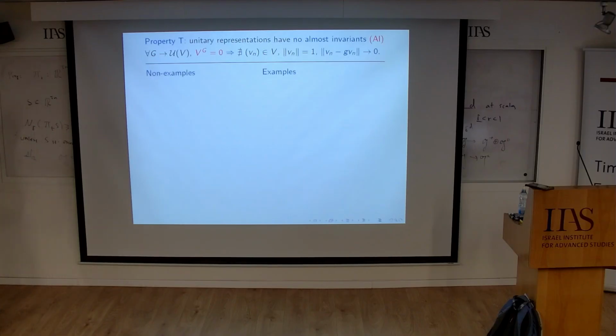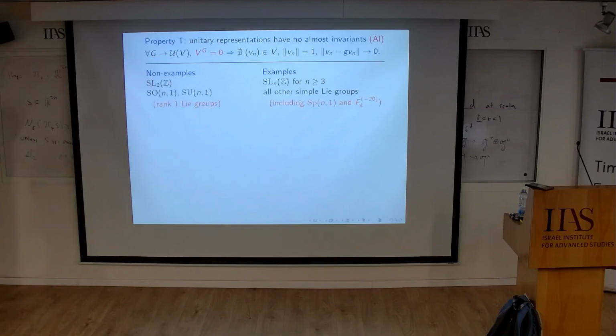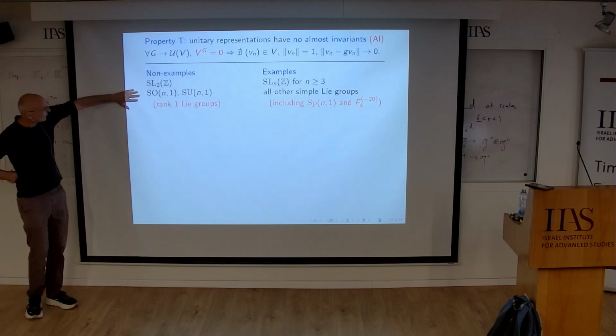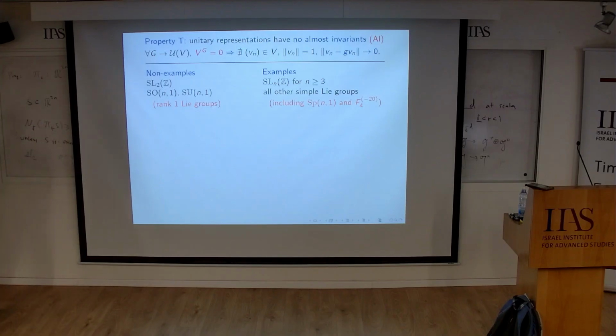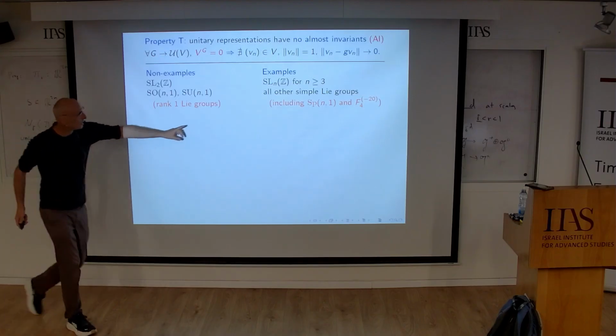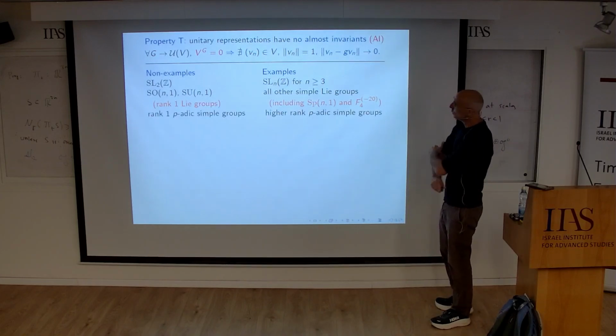So just to review the examples, among the class of SL_n(Z) groups, the rank 1, SL_2(Z), does not have property T. The higher rank ones do have it. Among simple Lie groups, it behaves similarly, but it's not exactly the case. I mean, SO(n,1) and SU(n,1) are groups without property T, the entire family of simple Lie groups without property T. All the others, including some rank 1 groups, do have property T. In the p-adic world, there is a clear-cut distinction.